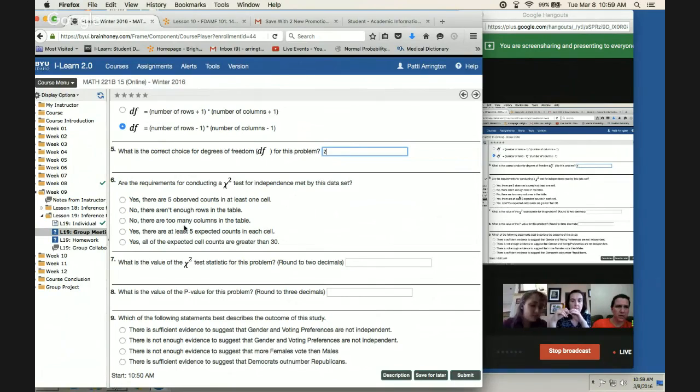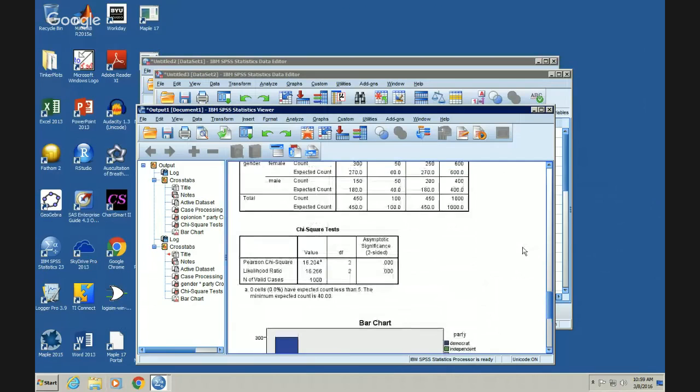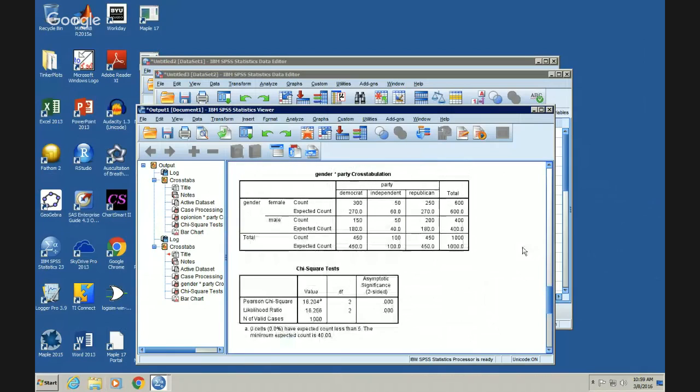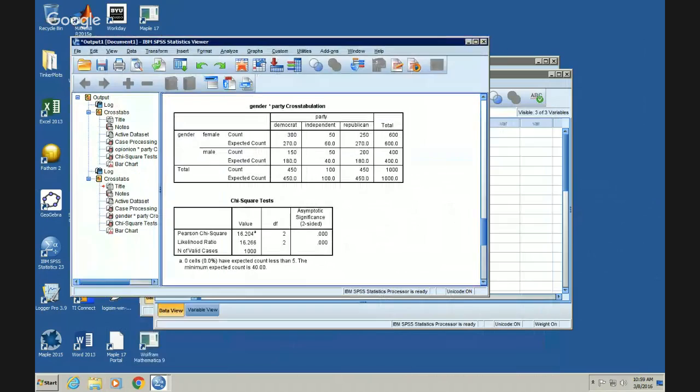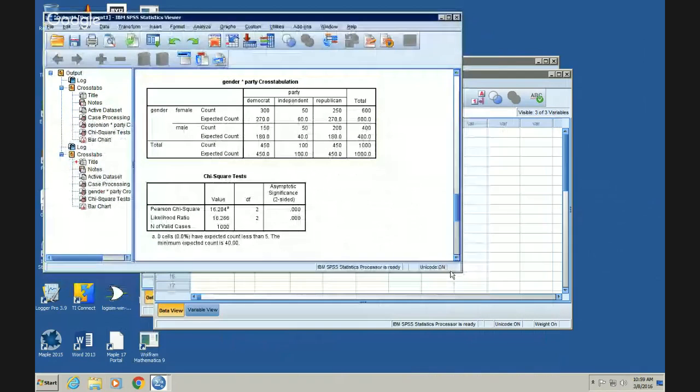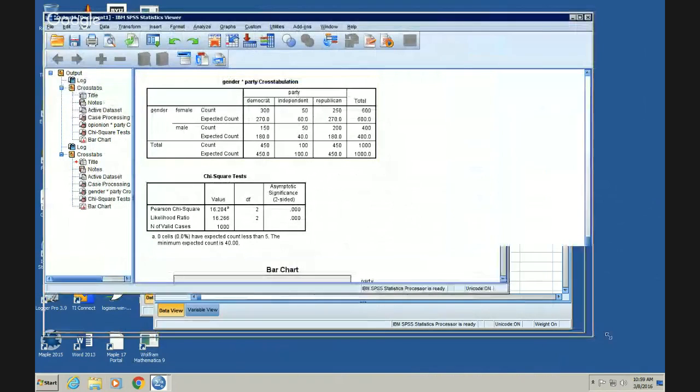6. Are the requirements for conducting an X-squared test for independence met by this data? Let's see here. Are there more than 5 counts in all of it? Yeah. Is that not big? I can't make it bigger on my screen for some reason, and it's kind of blurry.